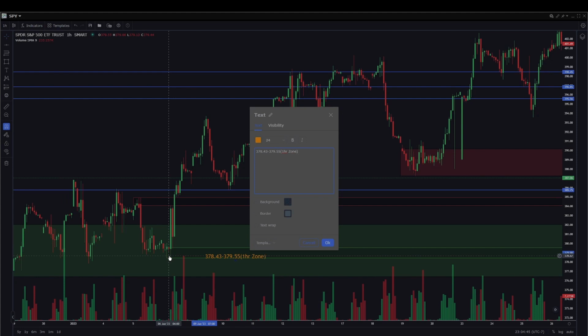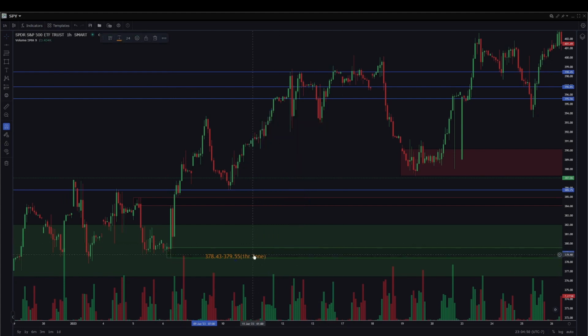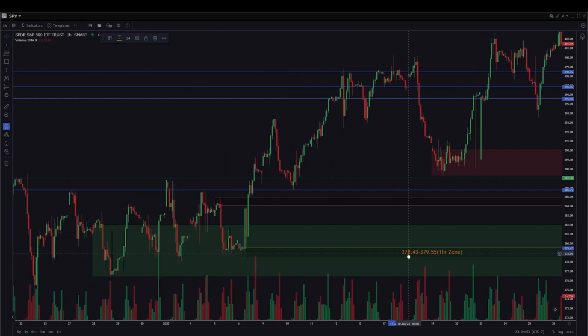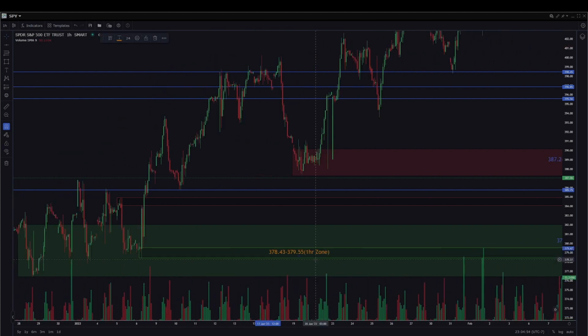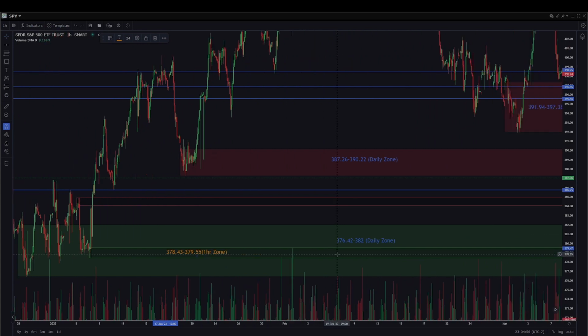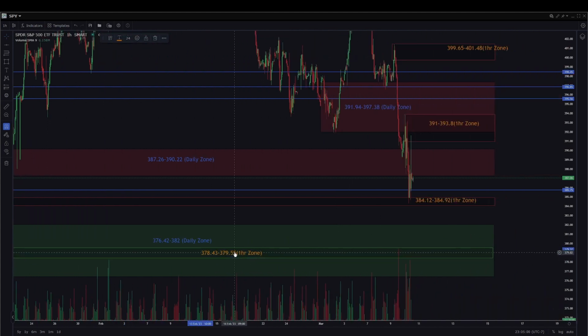So I most likely will probably take a position to bounce it in this zone right here. I'll probably stay patient, and hopefully I can get into puts on the break of that zone. Trim here, and then target this zone right here where I'll exit most of my puts and look to enter some calls.